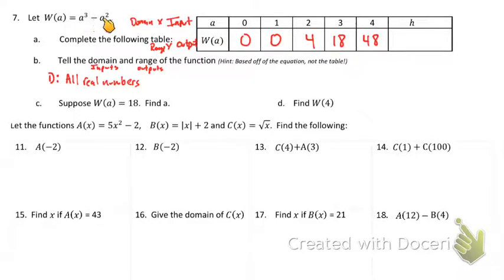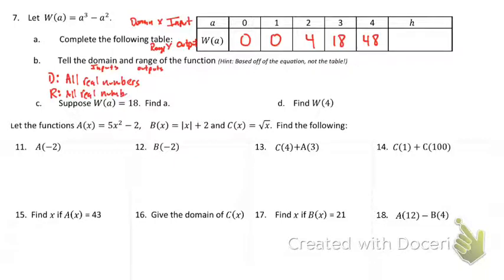Because we can plug in any number for A, that means our output, we can possibly get any number. For example, if you look, we skipped like 1, 2, and 3 in our output, right? But if we really wanted to, we could figure out what numbers to plug in so that it equals 1 here. So in other words, our output or our range is also all real numbers.